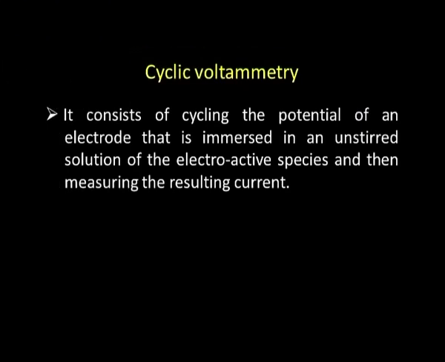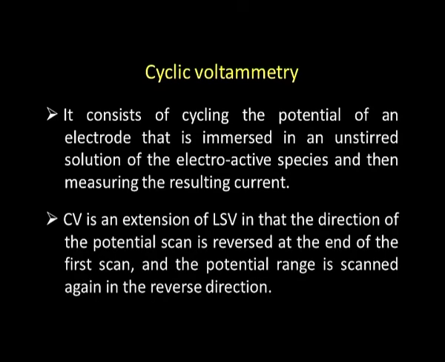Cyclic voltammetry consists of cycling the potential of an electrode which is immersed in an unstirred solution of the electroactive species and then measuring the resulting current. In short, we write cyclic voltammetry as CV.